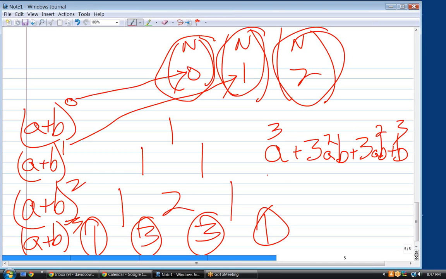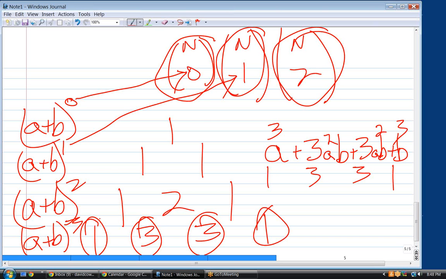Notice these coefficients are 1, 3, 3, 1. And when you look at the binomial theorem, the n choose r are these coefficients.